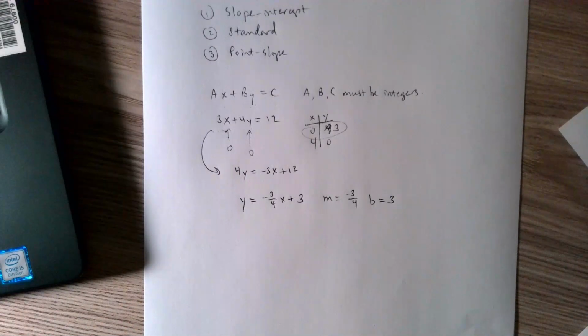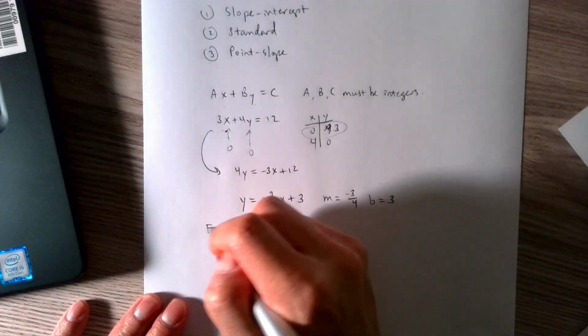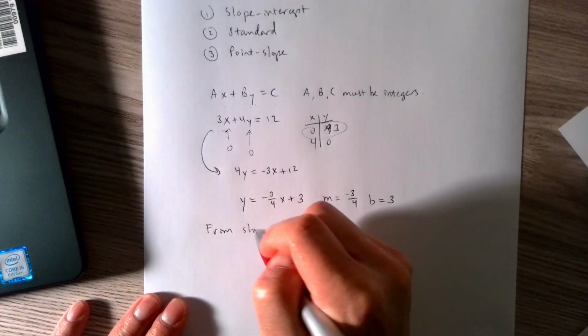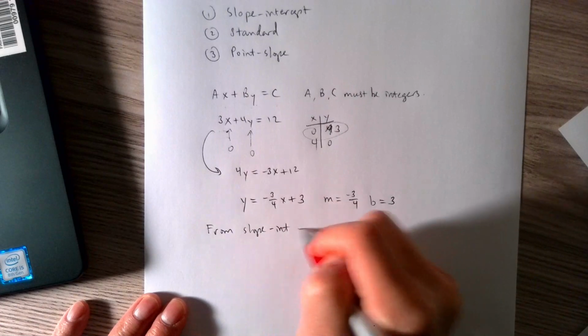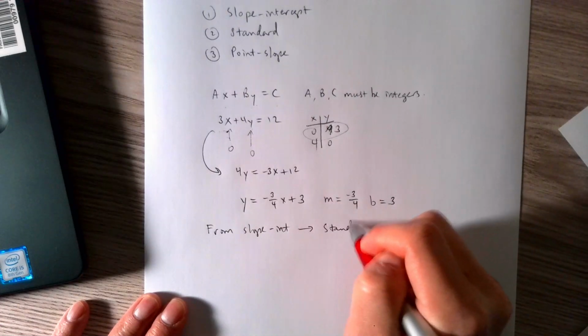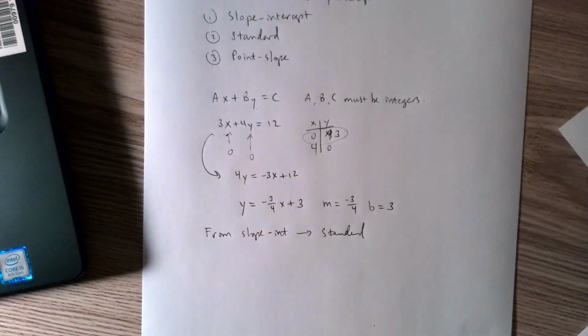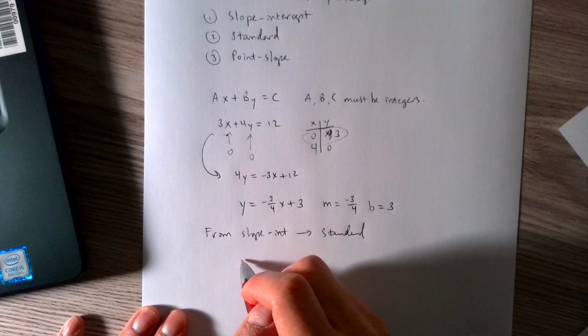Now how about transforming from slope-intercept to standard? Okay, this is not done as often, but it can be done with not too much trouble.